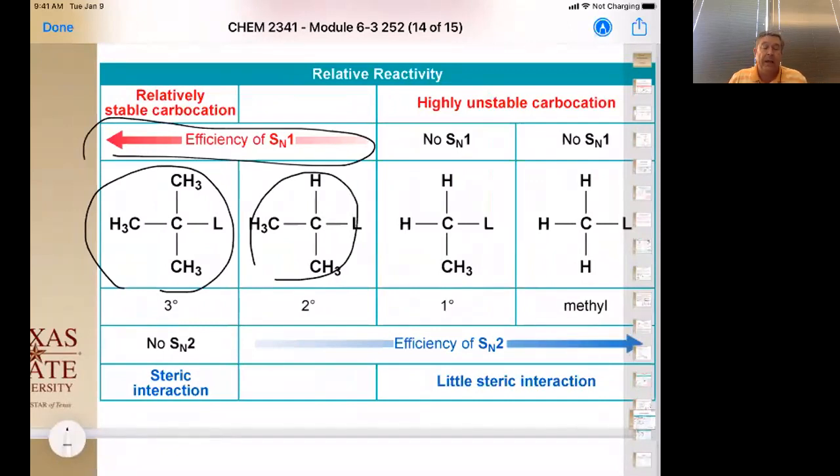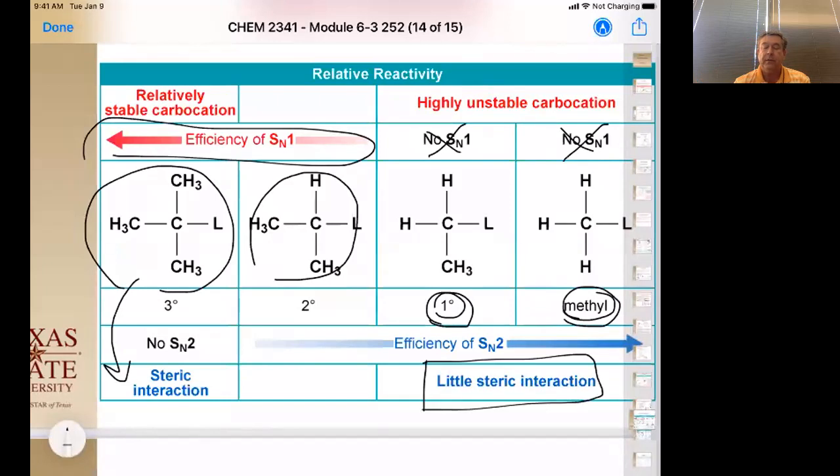And because of sterics, the tertiary can't undergo Sn2. So tertiaries, Sn1 only, no Sn2. Primaries and methyls can't form stable carbocations, so they don't do Sn1, they only do Sn2. And the smaller they are, the faster they go because of little steric interaction.